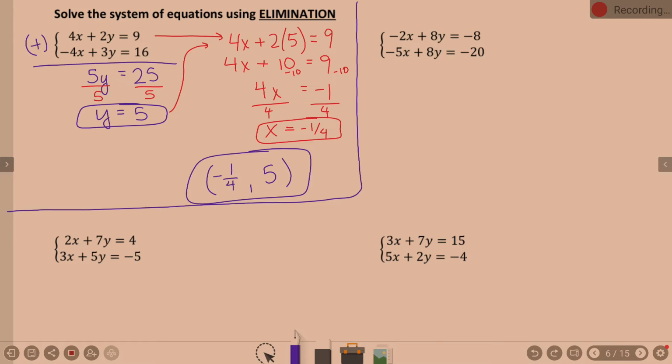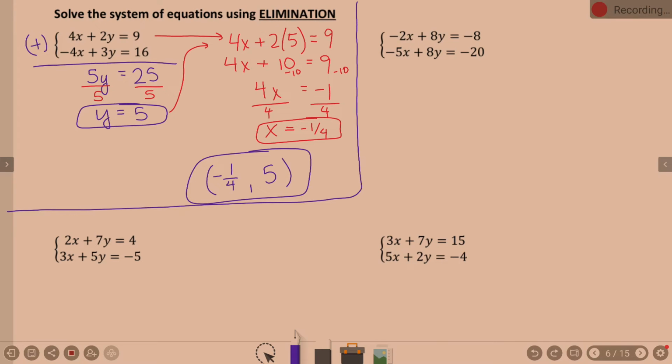What am I set up to eliminate? I'm set up to eliminate y's because they're both 8y's, right? However, last time I was set up with a positive and negative so that when I add them, they cancel to be 0. This time, well, I can't add them as is, because if I add them as is, 8y and 8y is not 0.